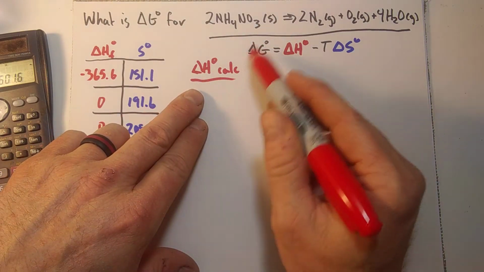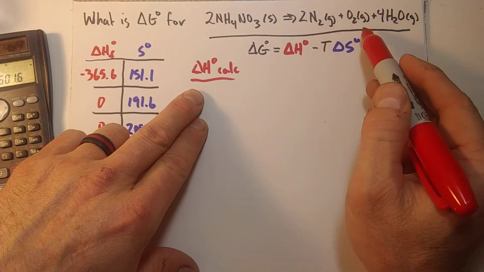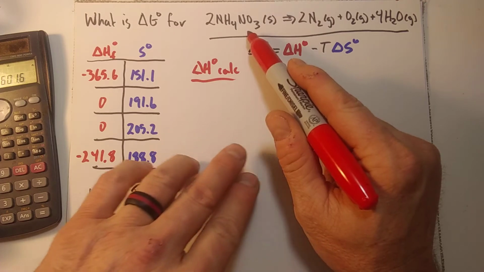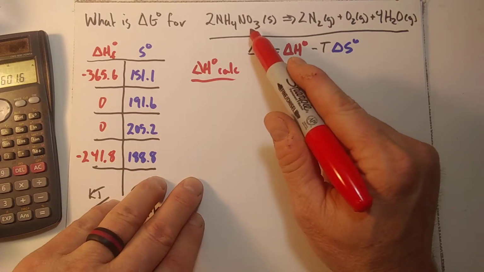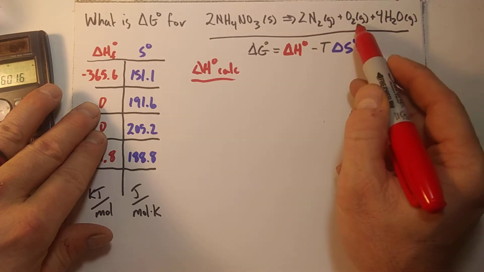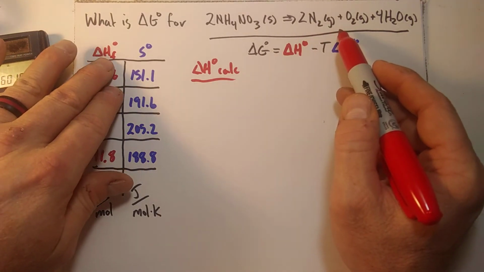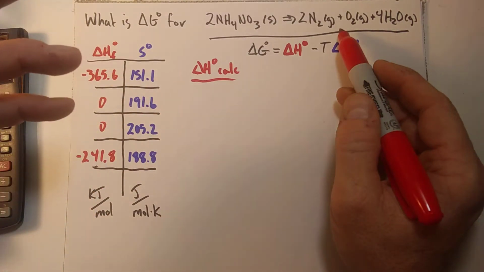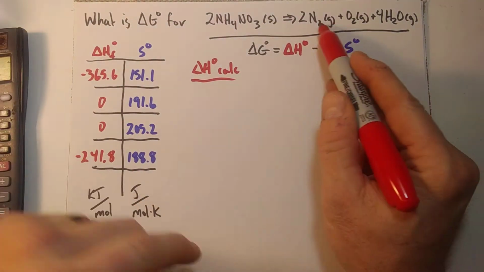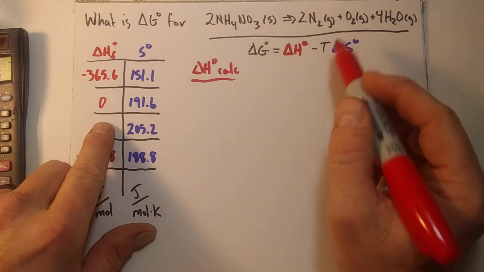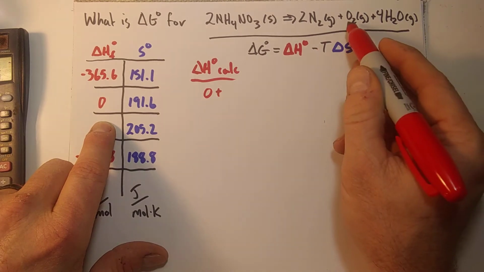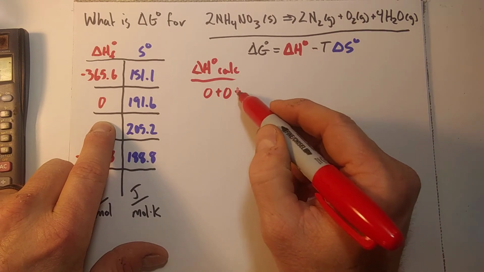So let's go ahead and think of products. We're going to do that side first, and then have subtracted from that the enthalpy of formation for ammonium nitrate. The first two we can get out of the way are the nitrogen and the oxygen. Enthalpy of formation is for the formation of whatever we're talking about from the elements. Well, these are already the elements, so that's going to be 0. Of course 0 times 2 is 0, and 0 times 1 is 0, so we don't have to worry about that.